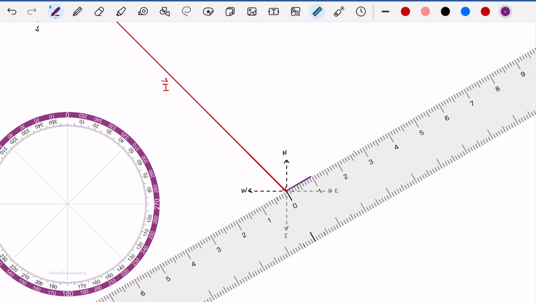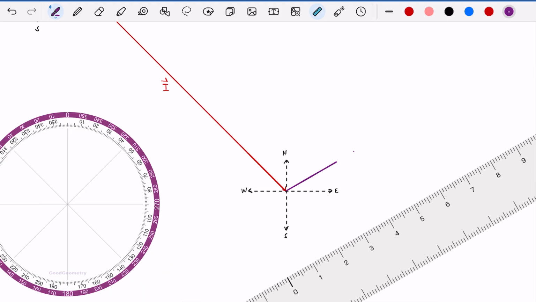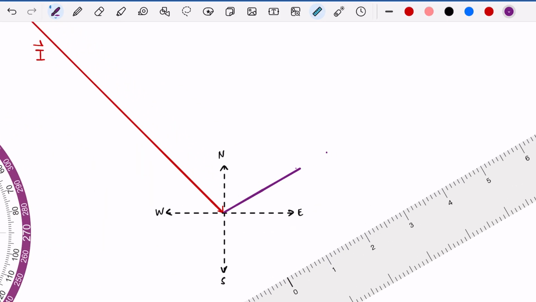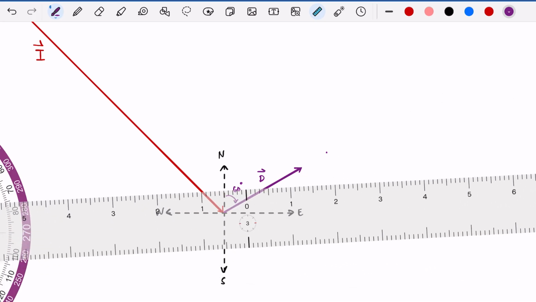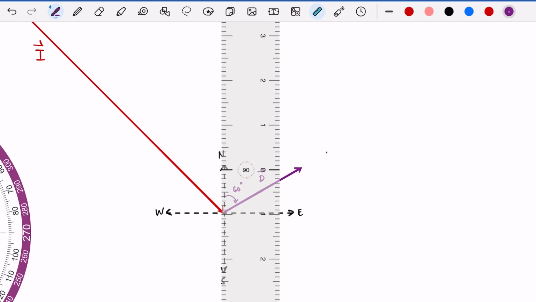So just 1 and 2. Okay, and then this is my second vector, vector D, and the angle is this one. I think I forgot to label the angle from the first example. You should note that you should always do that for ease of checking.